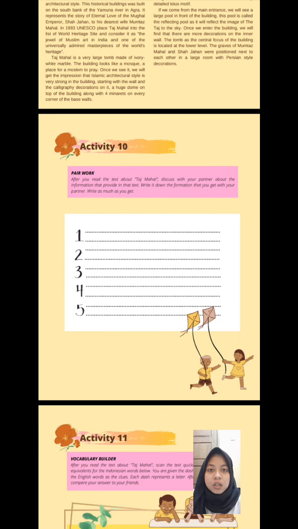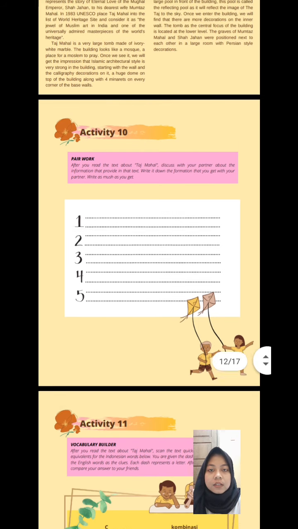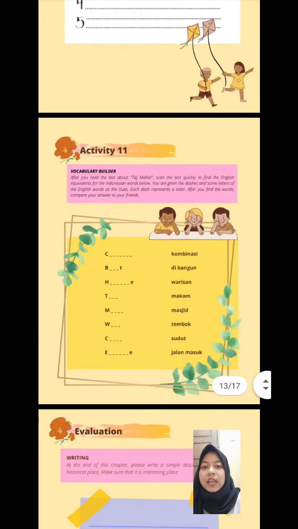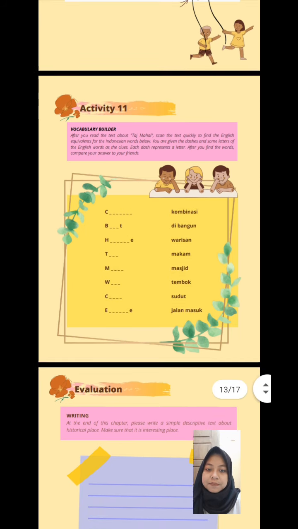They have to write down as much information as possible that they get from the text. And then after that, activity 11 is a vocabulary builder. It will also increase the vocabulary of the students. They have to complete it based on the text.